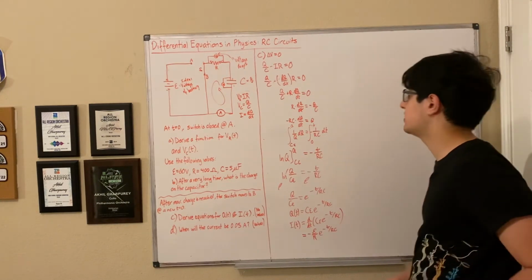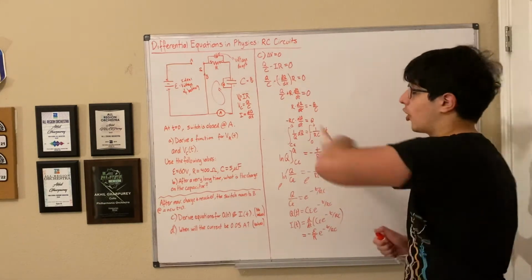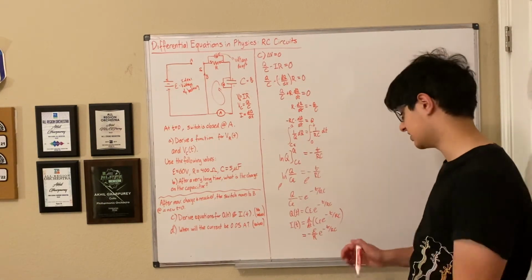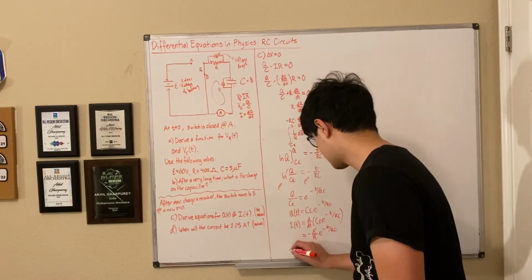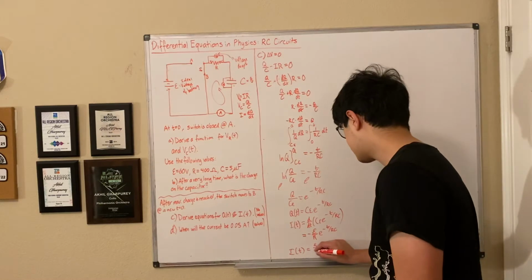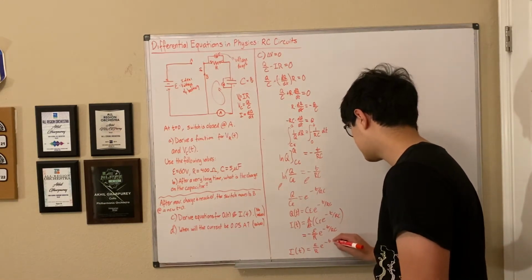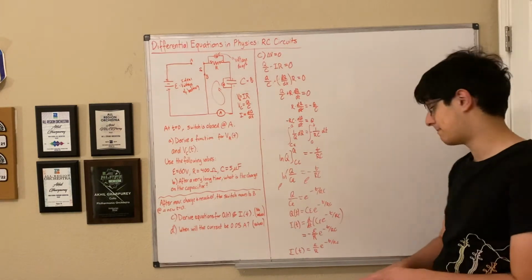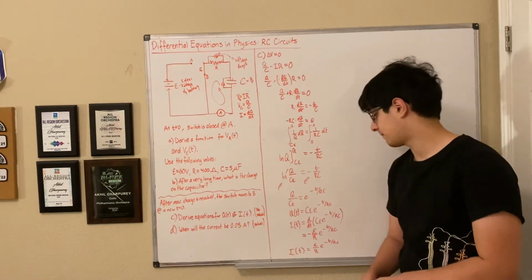But remember, we said initially current is inherently negative. This negative sign is redundant. So we're going to say that I, as a function of time, is actually epsilon over R e to the negative t over RC. And this focuses on the magnitude of the current, pretty much.